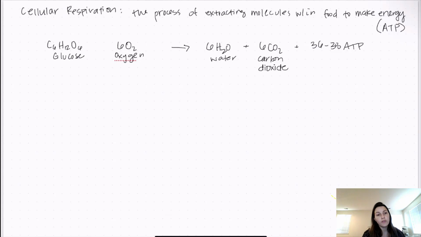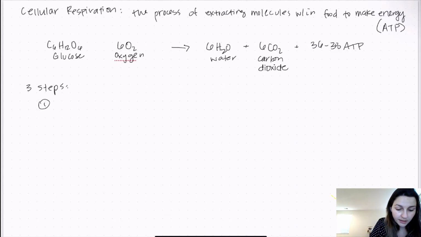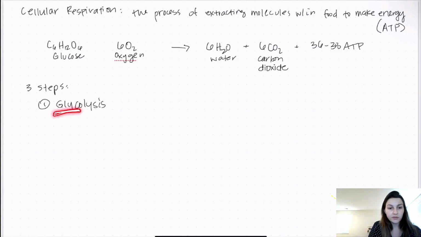There's an overview of cellular respiration in 3 major steps. The first step is glycolysis. Glyco refers to glucose, and lysis means to break, so it's the process of breaking glucose apart.